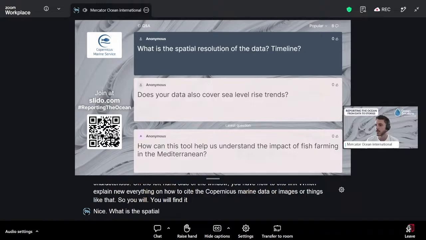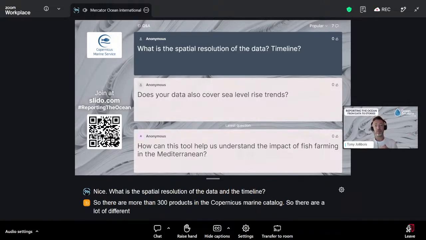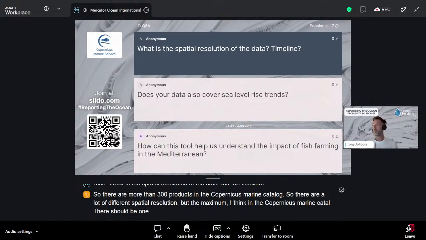What is the spatial resolution of the data and the timeline? There are more than 300 products in the Copernicus Marine catalog, so there are a lot of different spatial resolutions, but the maximum should be 1/36 degree of resolution.